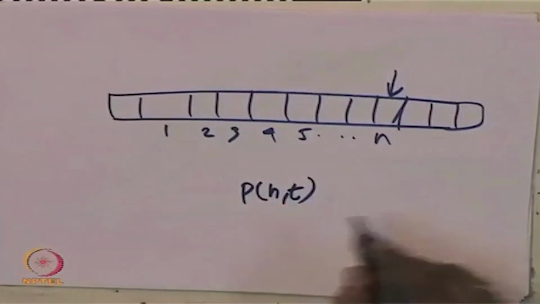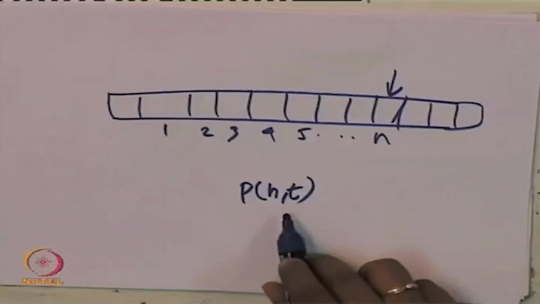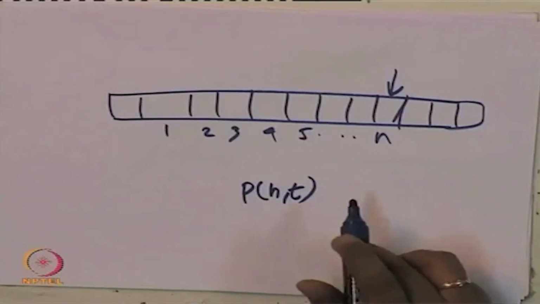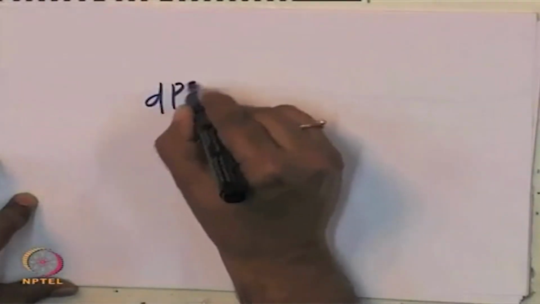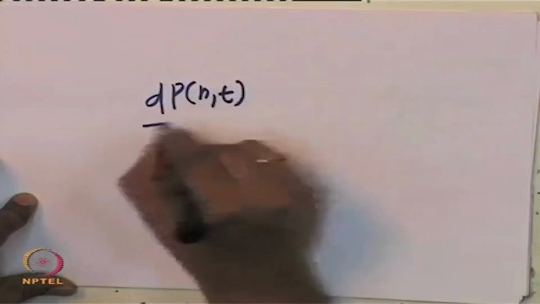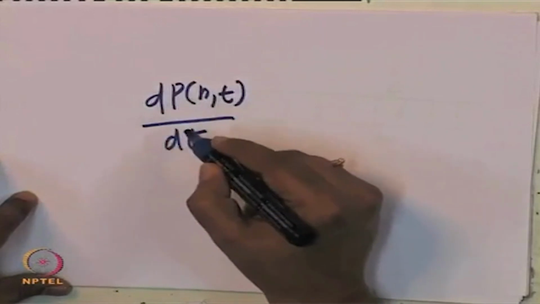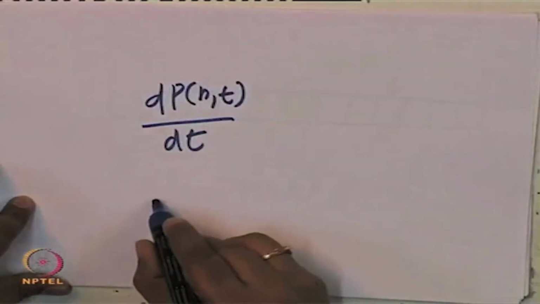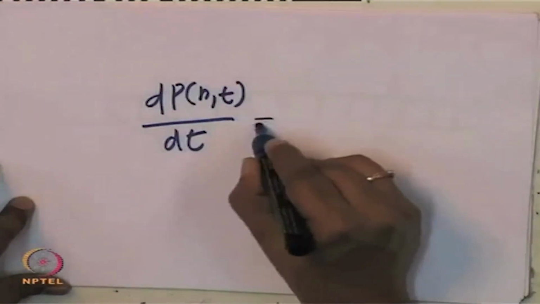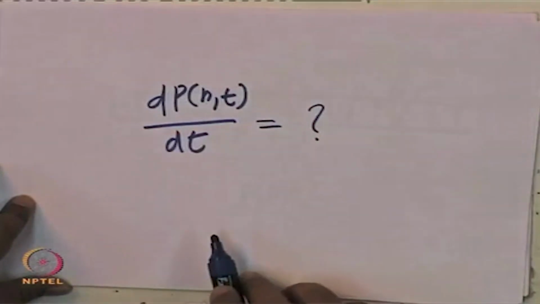So, now how does P of n, t change? We can write d P of n, t by dt, the change in probability. How does the probability change with time?